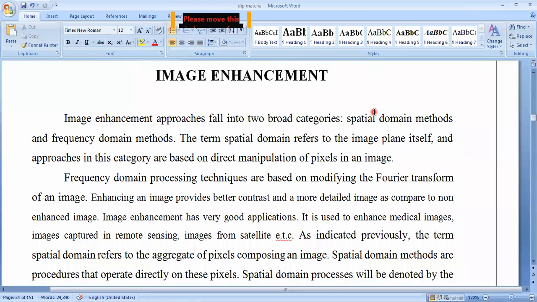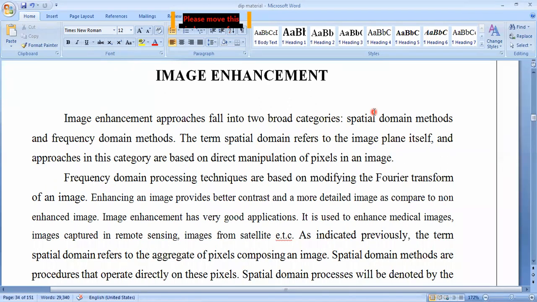The same image, if another person sees it, from his point of view, it may not be good. Still, some modifications may be required in that image. He may feel like that. So here it is a subjective process. Image enhancement is a subjective process.